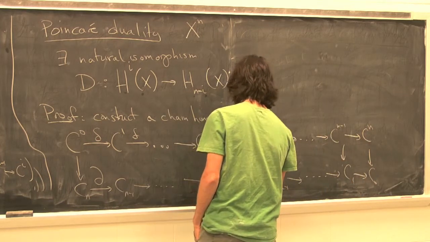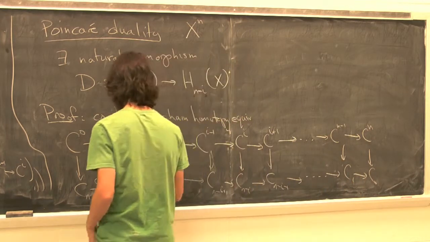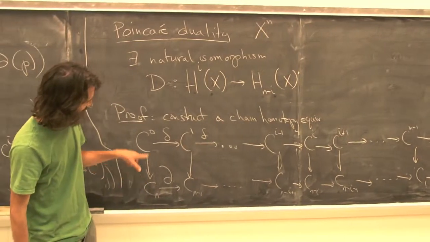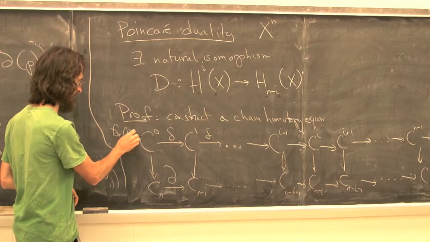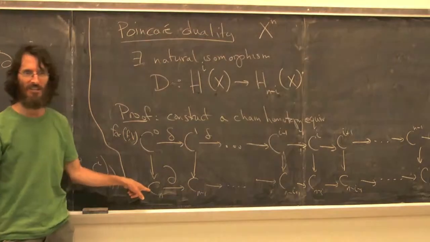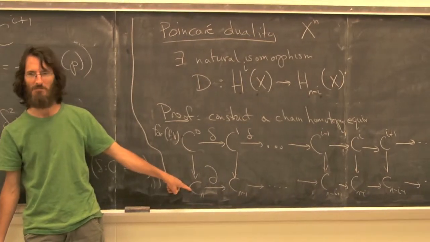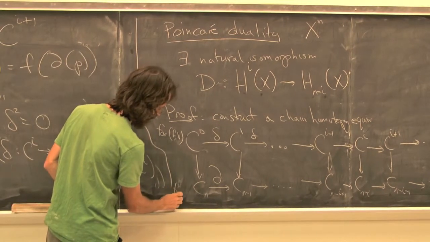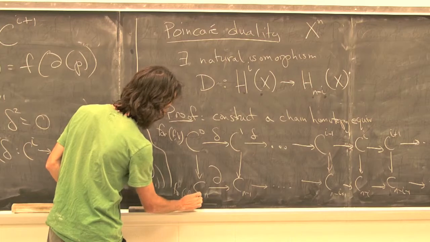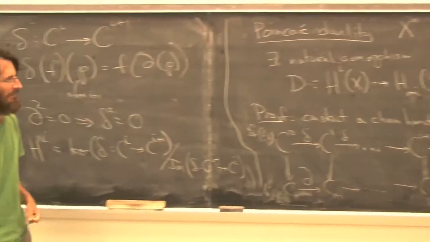But the trick is that this is for f and v, and this is not going to be the chain complex for f and v, it's the chain complex for minus f and minus v. So this here is for minus f, minus v.